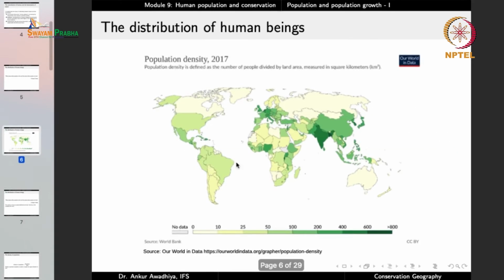So in this chart, you will see that here we are looking at number of people. So it says measured in square kilometers. Population density defined as the number of people divided by land area measured in square kilometers. So this scale is representing areas where we have 0 to 10 people per square kilometer up to greater than 800 people per square kilometer.